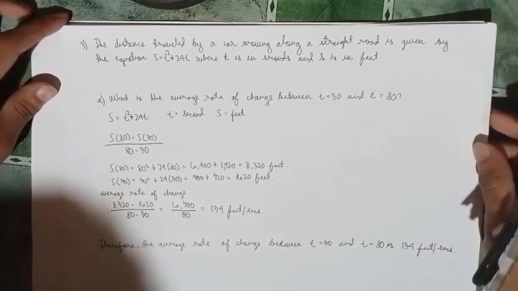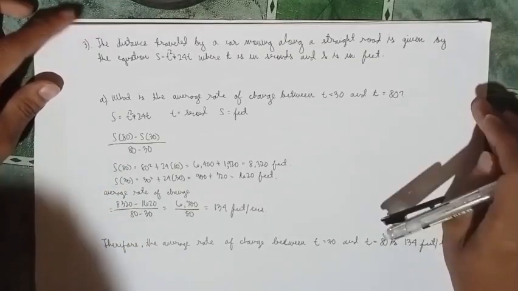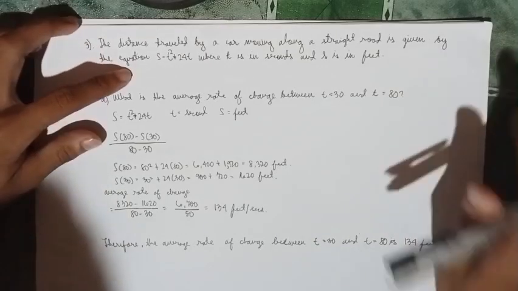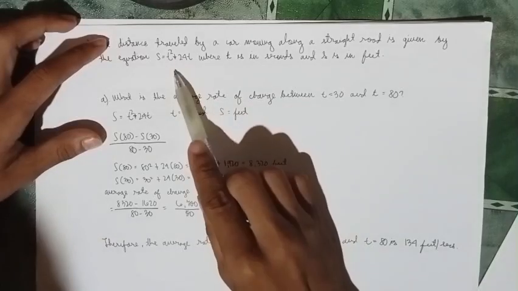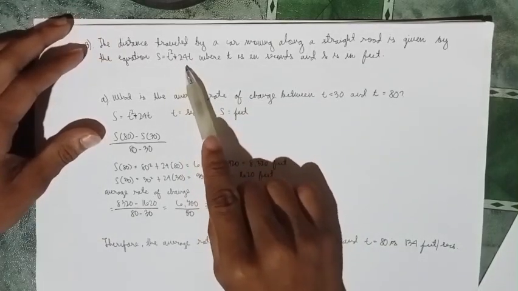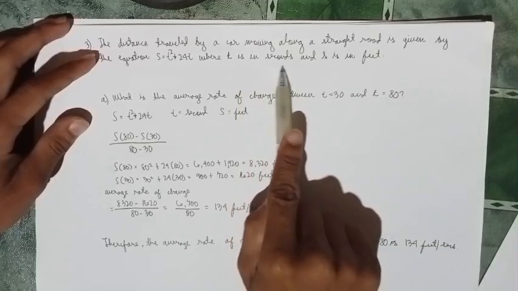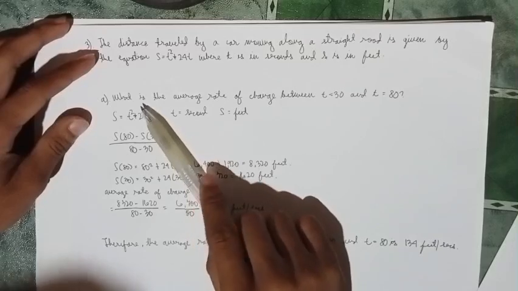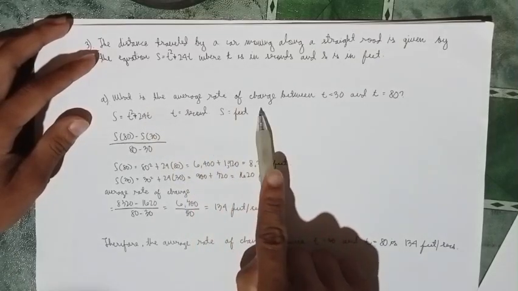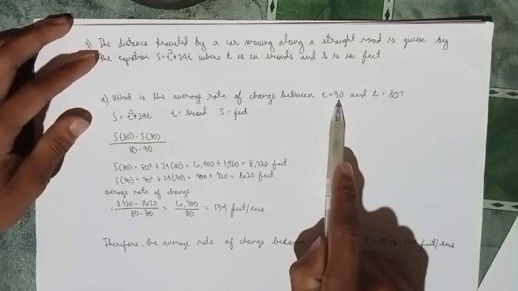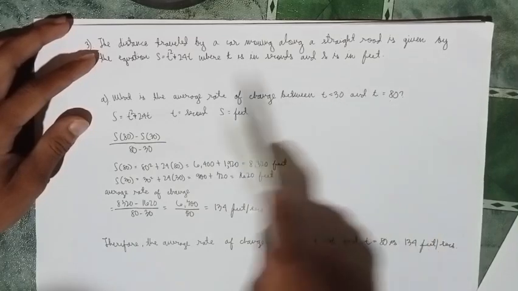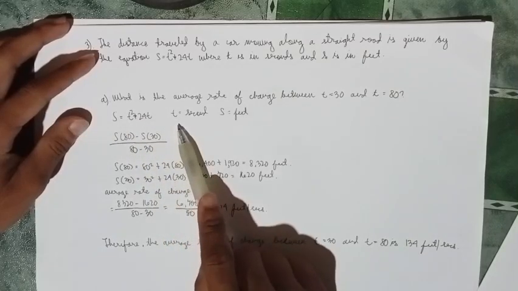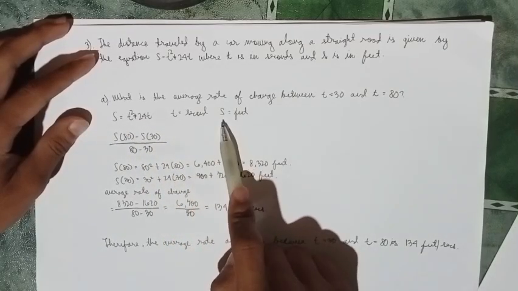Here the question is: the distance traveled by a car moving along a straight road is given by the equation s is equal to t squared plus 24t, where t is in seconds and s is in feet.